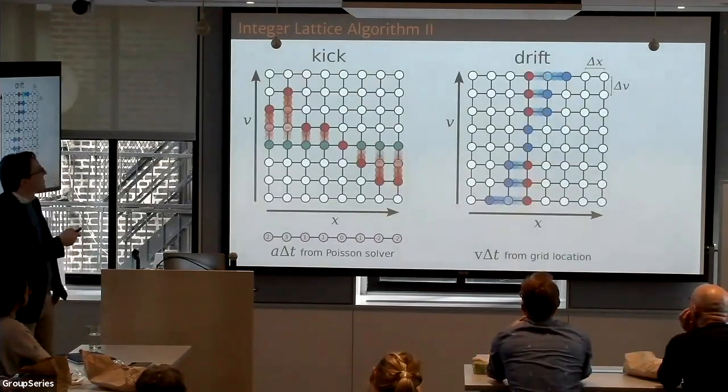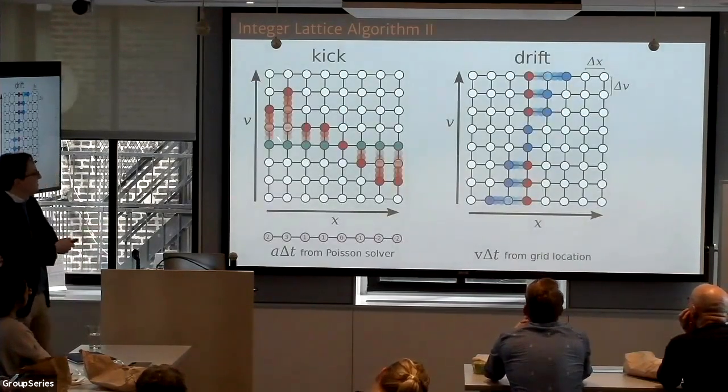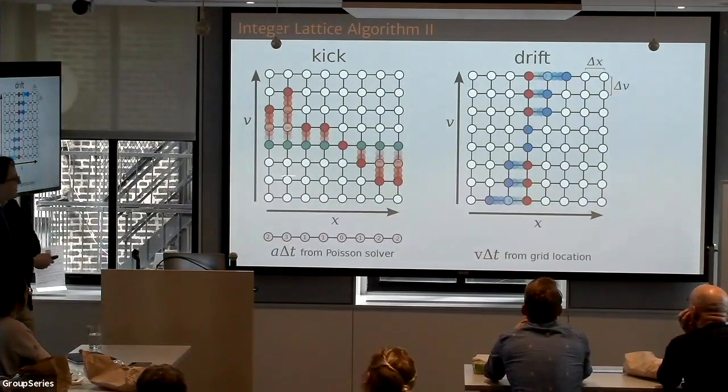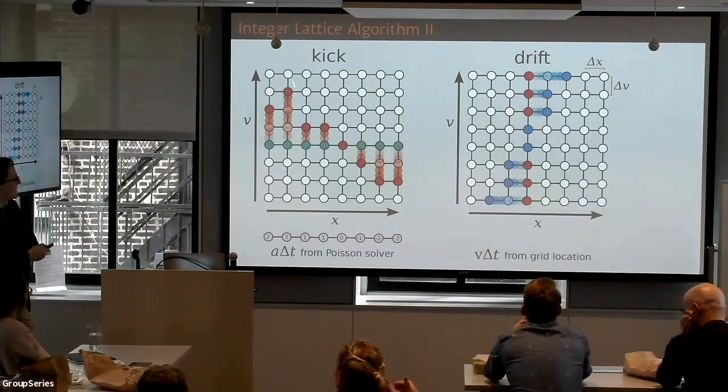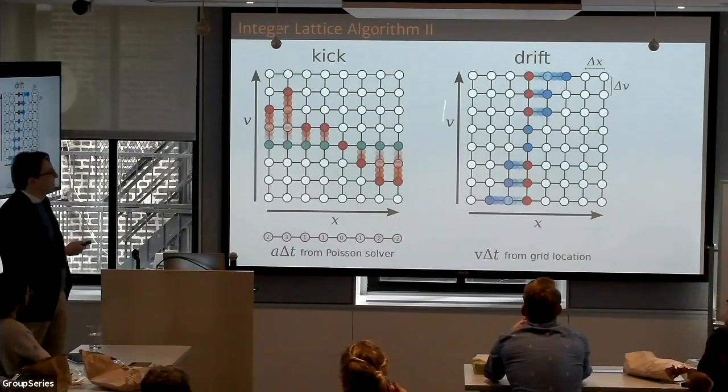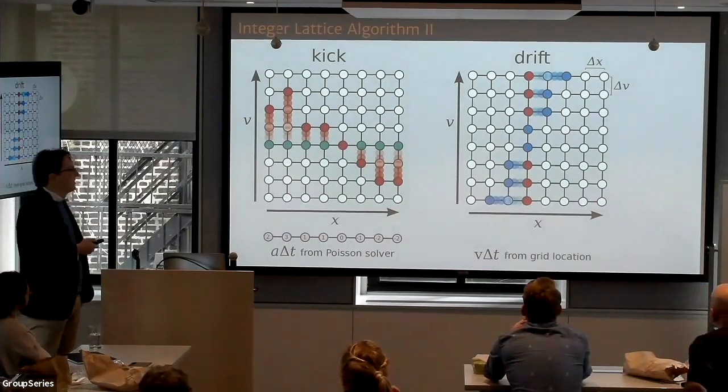Just to illustrate this lattice in the simple one-dimensional case, here we have position, here we have velocity. The kick operator pushes each of these columns by a certain amount as a function of x, given by the acceleration from the Poisson solver. Then there's this drift operator that is going to apply the shearing in phase space.